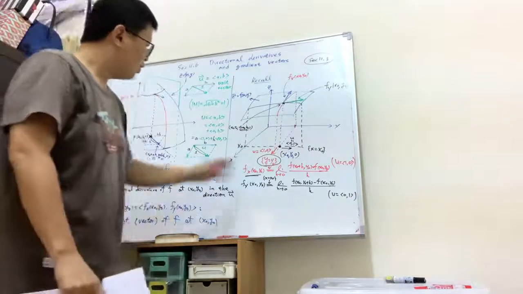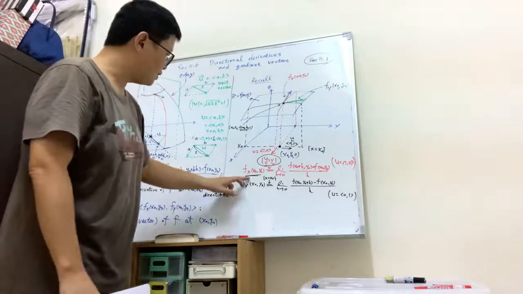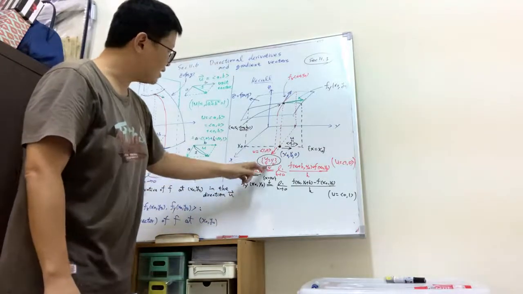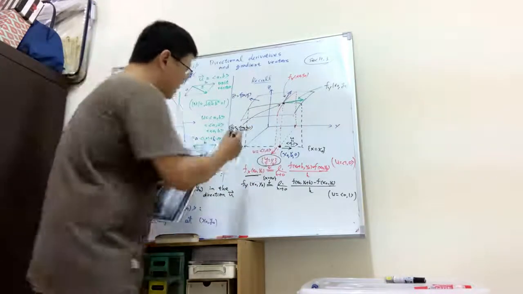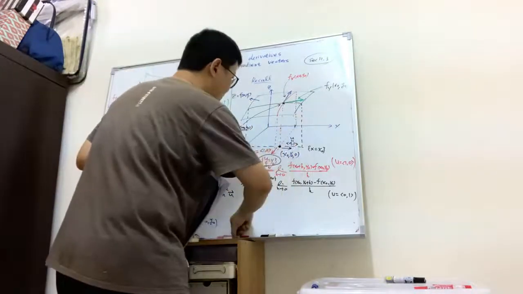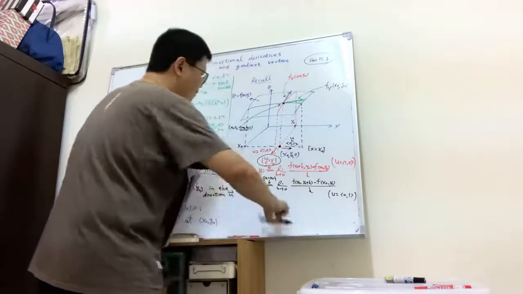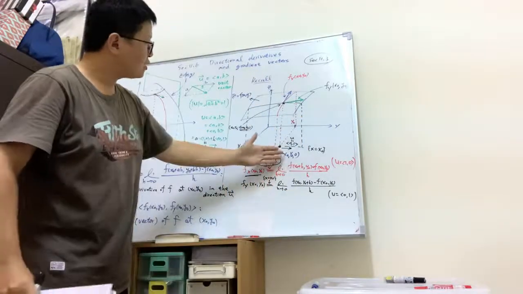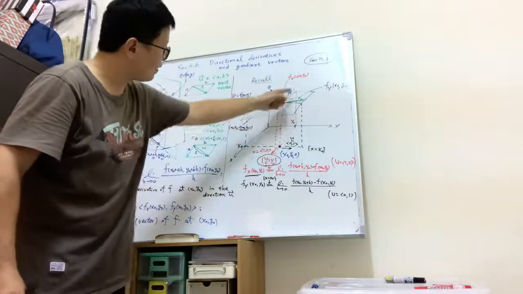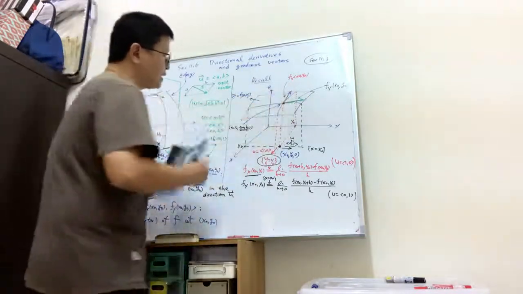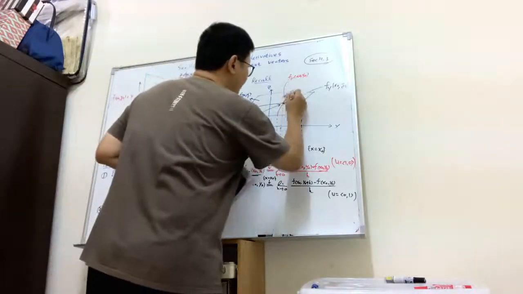Okay, and what's the partial derivative with respect to x? It means that we fix the plane y equals y0. Here is y, here is x0, here is y0. So for the graph and the plane y equals y0, we have the intersection, and I use the red pen.